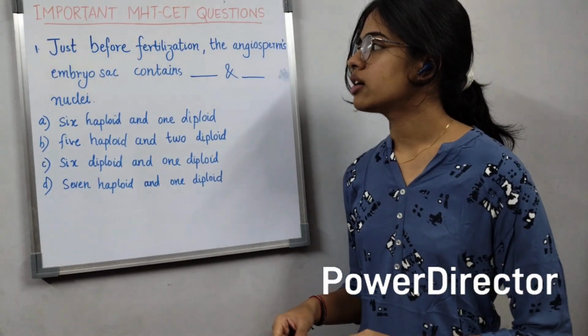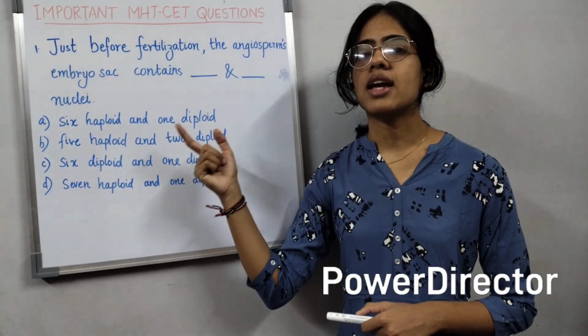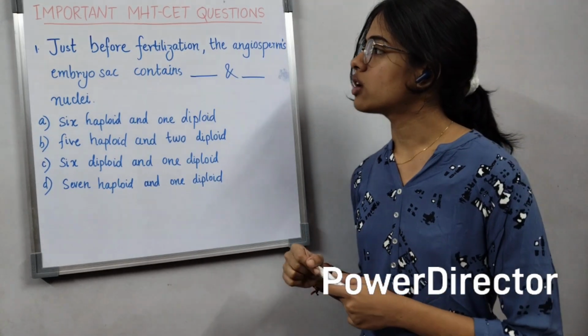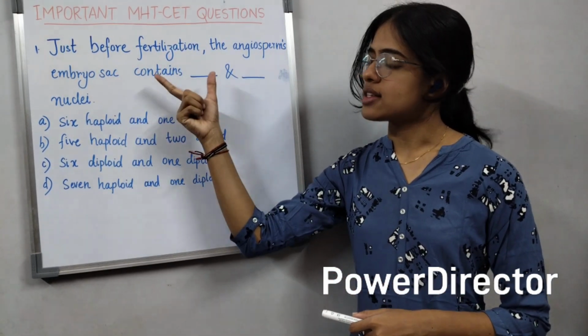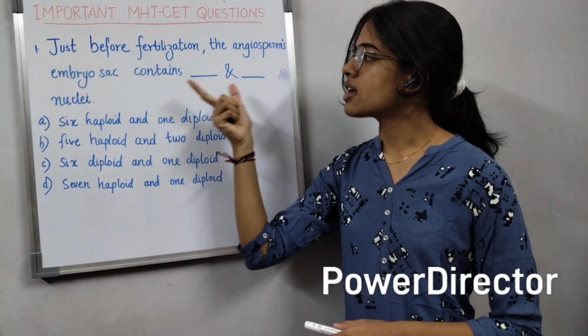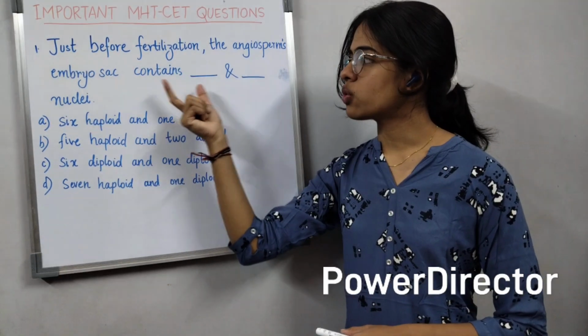This question was asked in MHT-CET 2024. The question is, just before fertilization, the angiosperm's embryo sac contains dash and dash nuclei. I hope you understood the question.